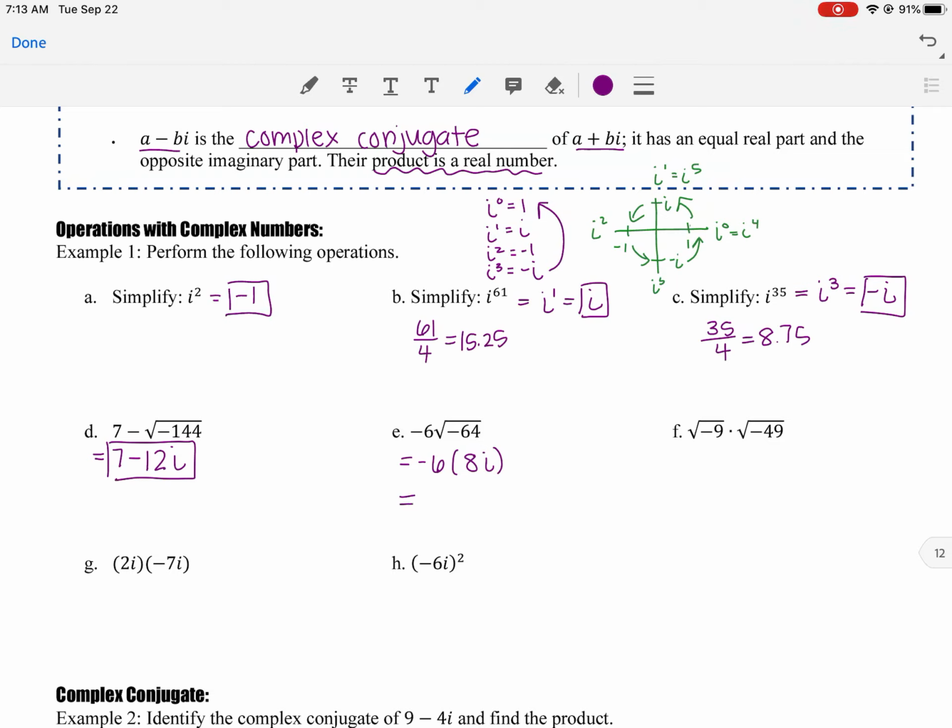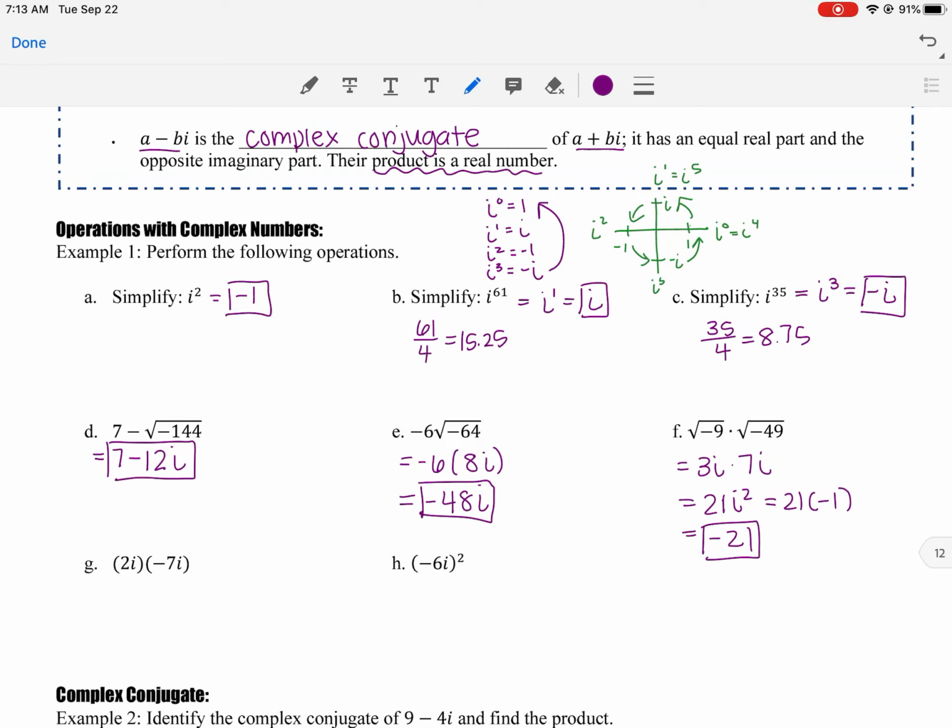So this is the same as -48i. Then on here we have square root of -9 is 3i, times the square root of -49 is 7i. So we get 21i squared. We know i squared is the same as -1, so we get -21.